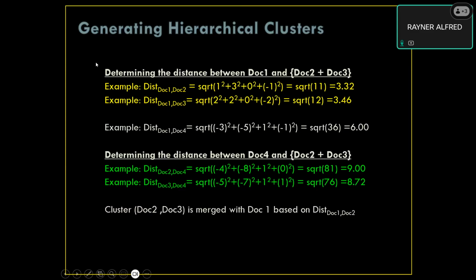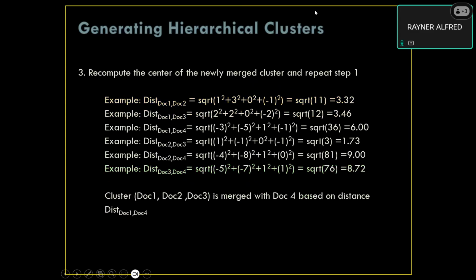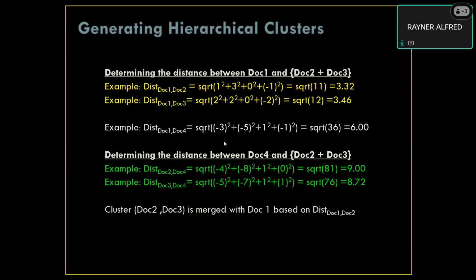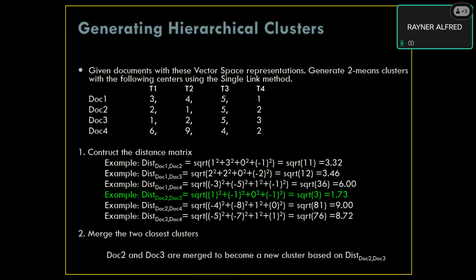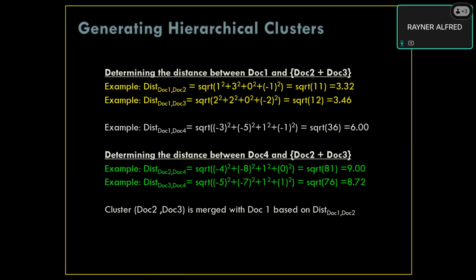Okay, so we go back to here. So once we get the first one combined, since 2 and 3 are combined, we want to find out whether we want to use the distance between document 1, 2 or 1, 3.